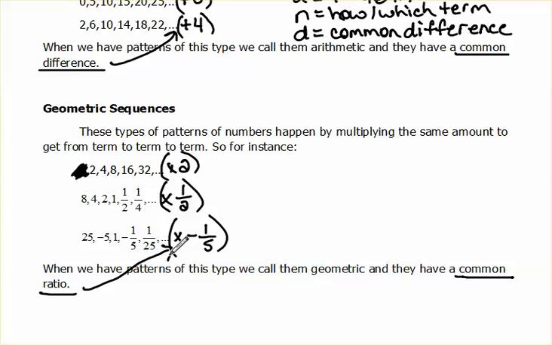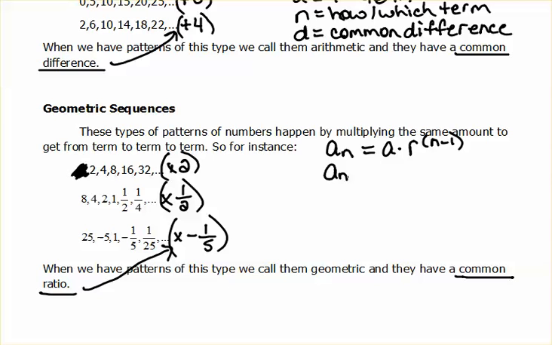And again, like we did in the arithmetic sequences, we have a formula for geometric sequences, the nth term formula, and it is a sub n equals a times r raised to the n minus 1 power. So don't worry, let's refresh so you'll remember what all of those variables represent.